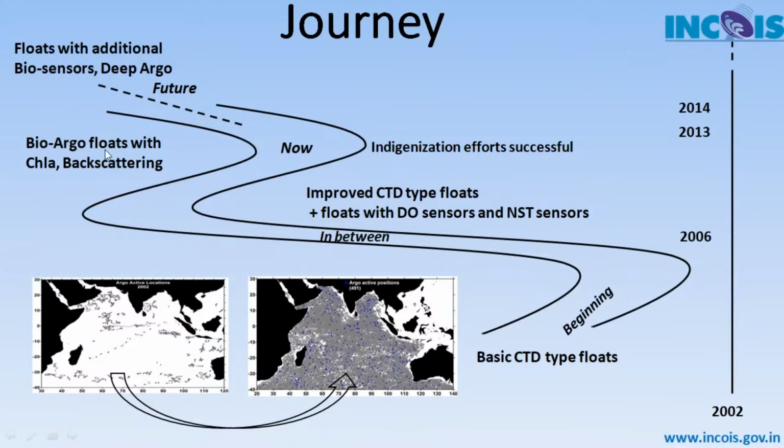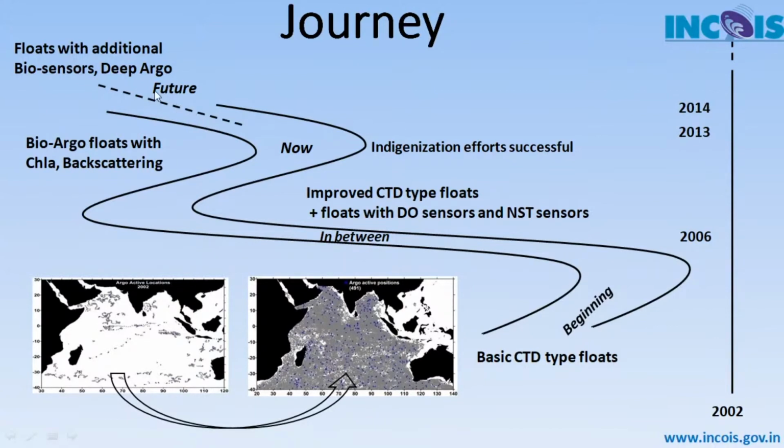And BioArgo floats with chlorophyll, backscattering and dissolved oxygen deployment started sometime in 2013, and as of today we have contributed 67 floats. And 2013-14 is the year where our first set of BGC floats have been deployed.